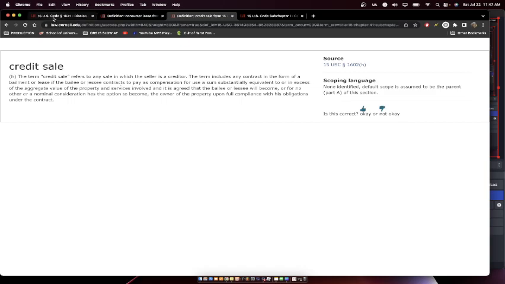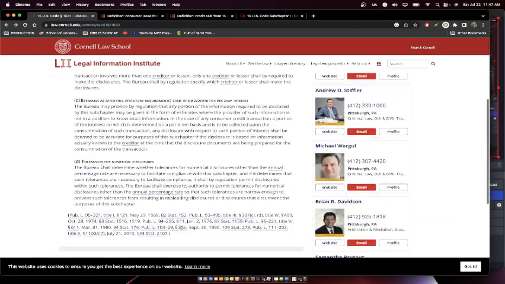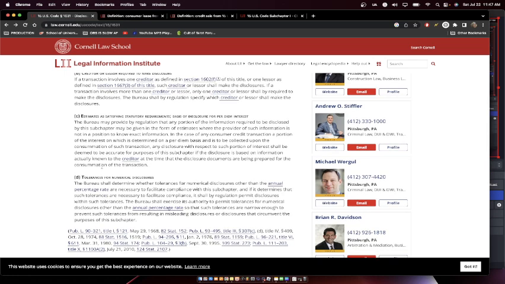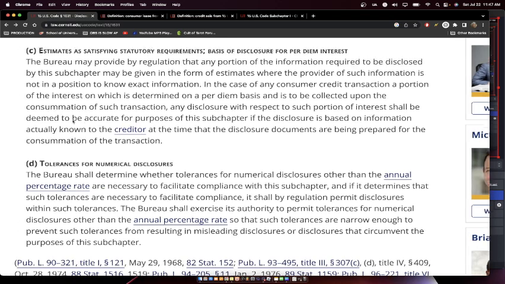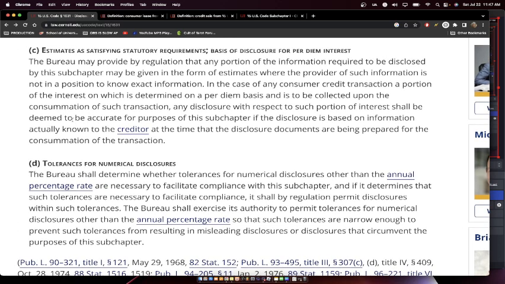Okay, before we get confused, let's head back to disclosure requirements, because I don't usually do that, but they have so many definitions in here that I could not help myself. We are at C. Estimates as satisfying statutory requirements, basis of disclosure for per diem interest. The Bureau may provide by regulation that any portion of the information required to be disclosed by this subchapter may be given in the form of estimates where the provider of such information is not in a position to know exact information.